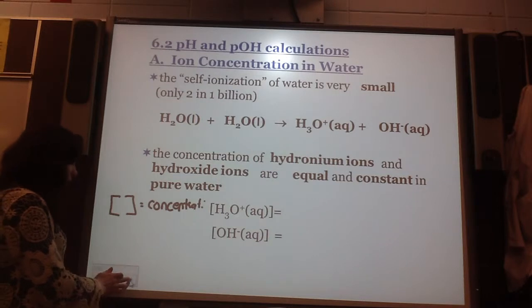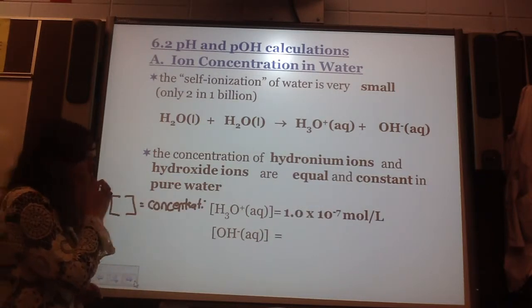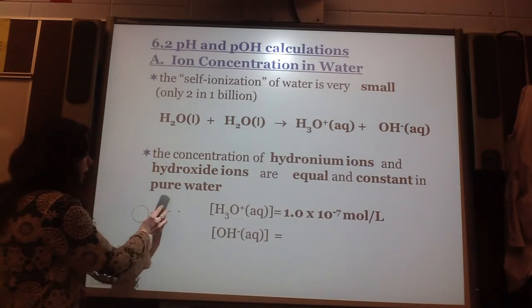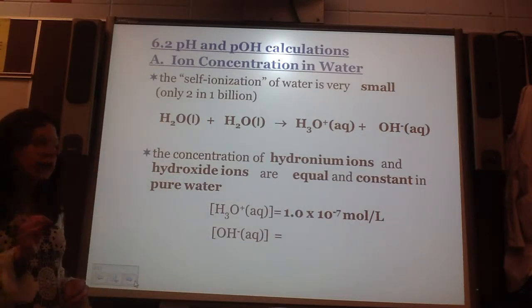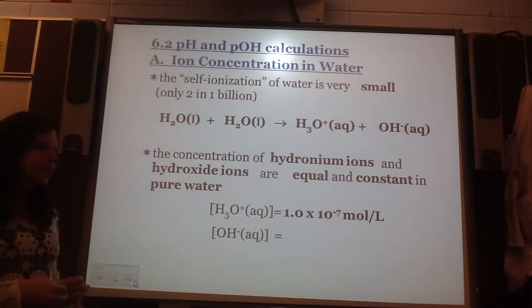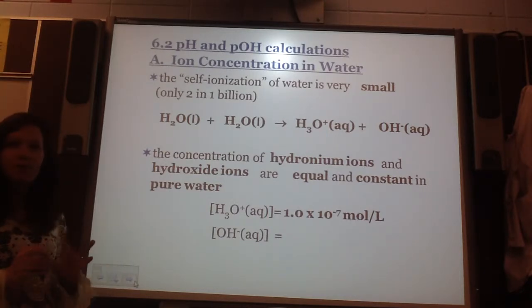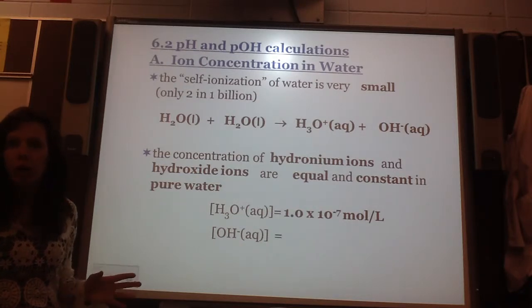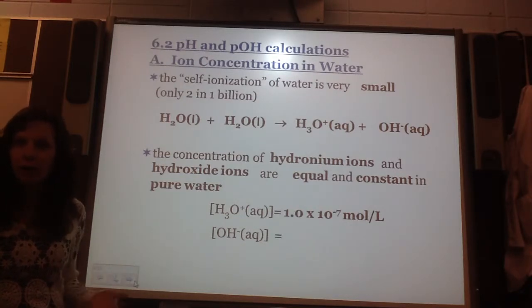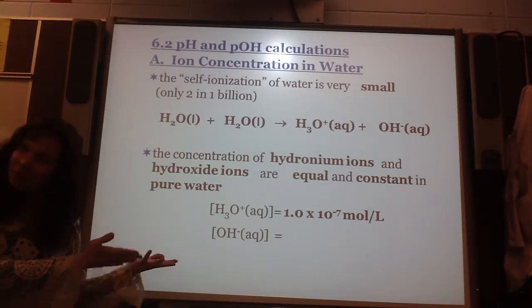Okay, so this is saying our concentration of hydronium ions in water is 1.0 times 10 to the power of -7 moles per liter. If you took water, you can't have a different concentration of water, right? Because water is water. When we think about concentrations, it's dissolved in water. Well, it's just water, okay?